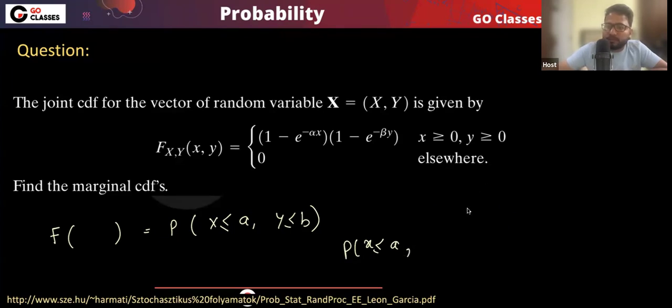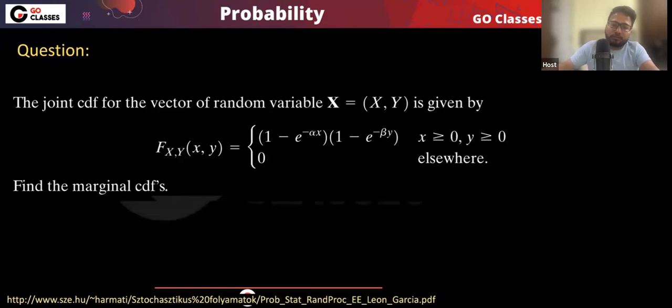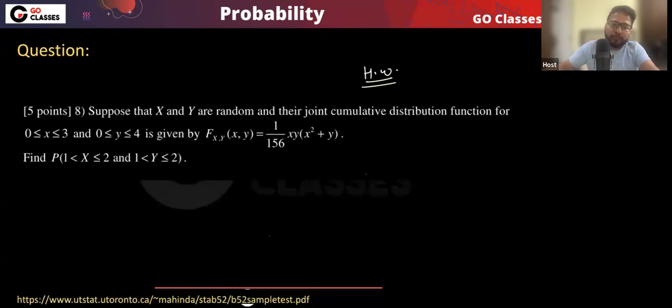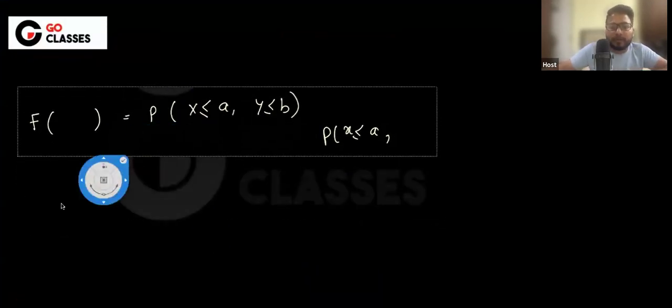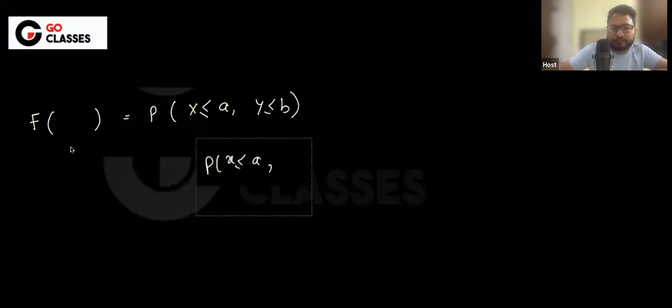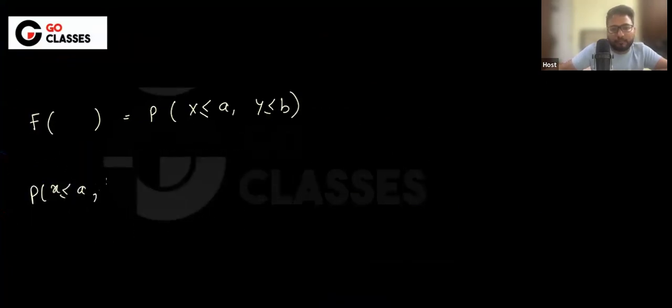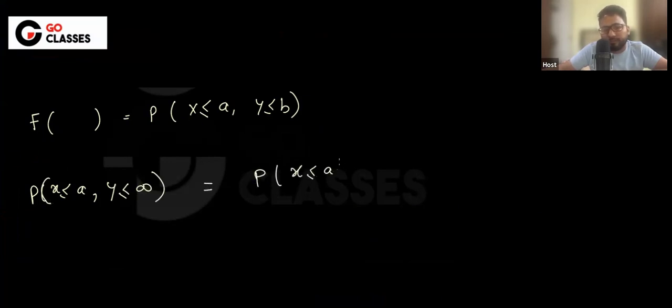Suppose in terms of PMF, I'm telling you first. Now you tell me, if I write it like this, over all possible values of y, you can take any value of y.